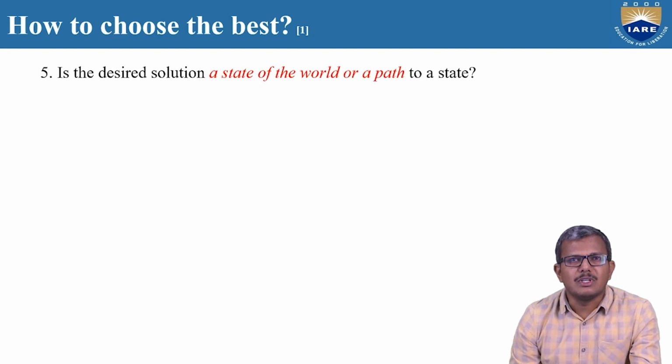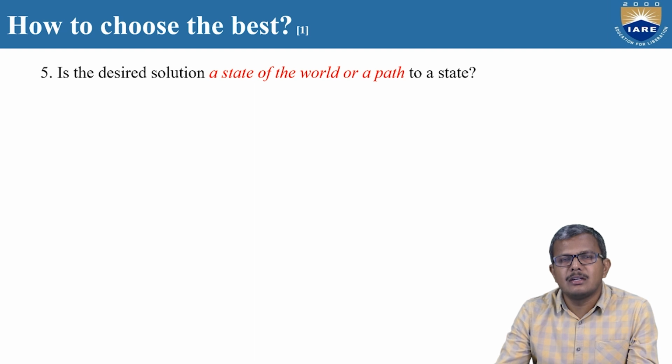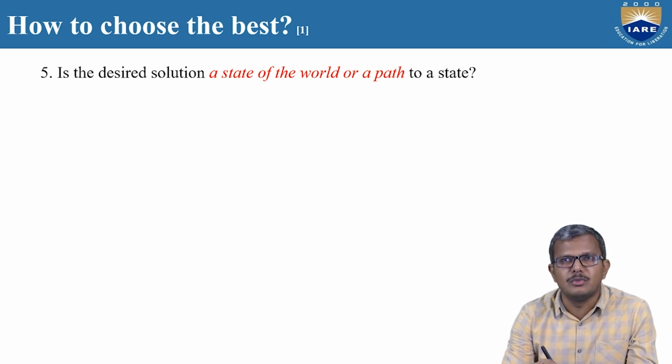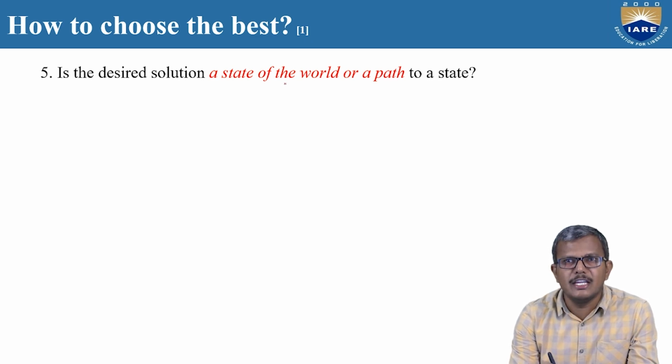Let us move to the fifth one. The fifth characteristic of the problem is: is the desired solution a state of the world or a path to a state? What does it mean? Whenever you have selected a particular problem and are trying to solve it, is the solution describing a state of the world or a path?